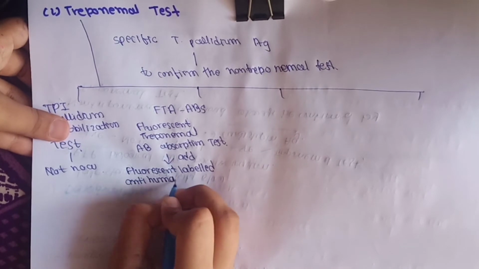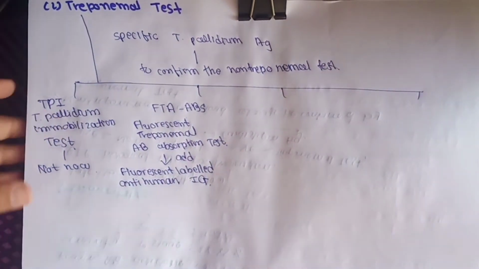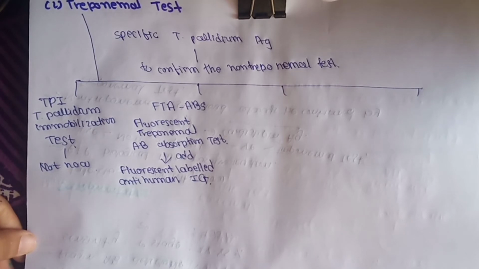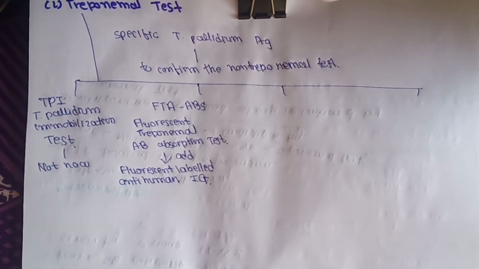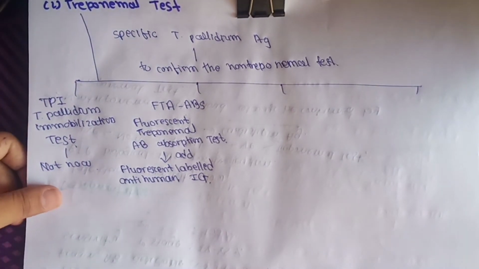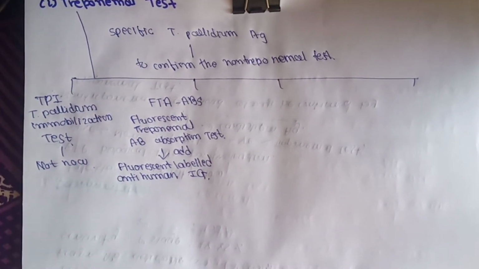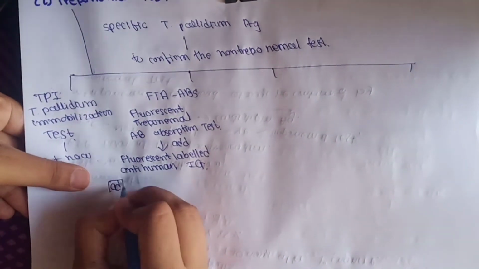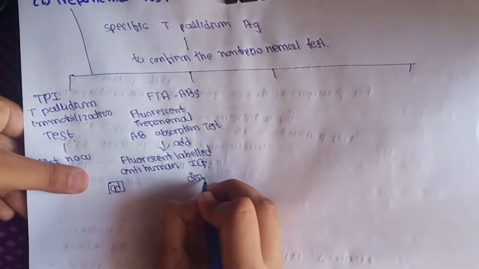So, the serum antibody bound to T. pallidum can be detected by this fluorescent labeled anti-human immunoglobulin. If there is antibody, it will bind the T. pallidum antigen, and we will find the antibody because of this fluorescent labeled anti-human Ig.